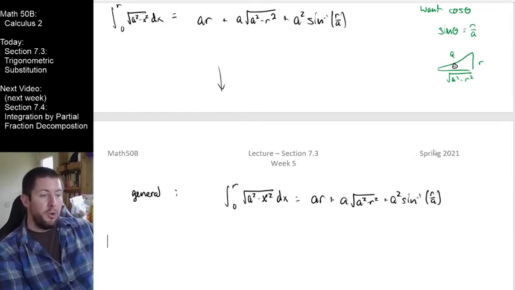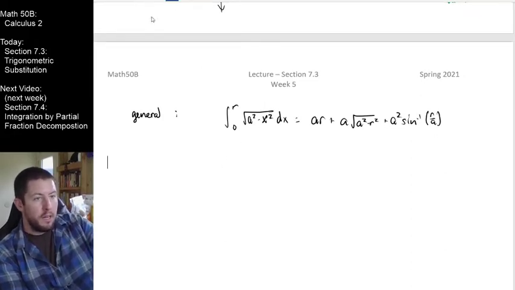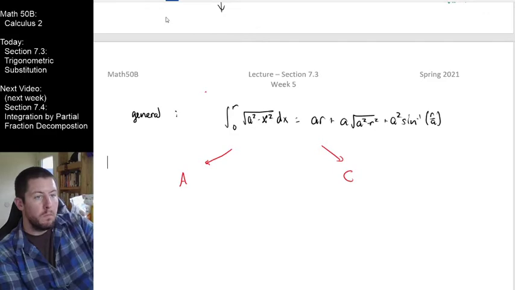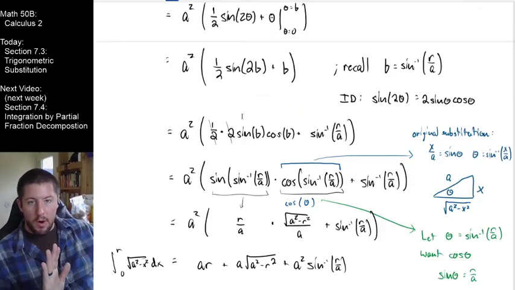What I now want to do is break this down to make what we called our a and our c integrals here. Again, I'm going to scroll back up so we remember where we're at.